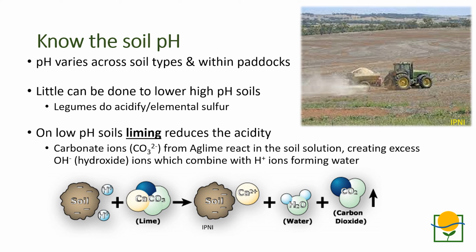Carbonate ions from agricultural lime react in the soil solution, creating an excess of hydroxide ions, which then combine with the hydrogen ions, forming water and carbon dioxide gas. This means it neutralises some of the acidity from the hydrogen ions. Lime can also help provide calcium, which goes into the soil colloid and helps with soil structure as well.